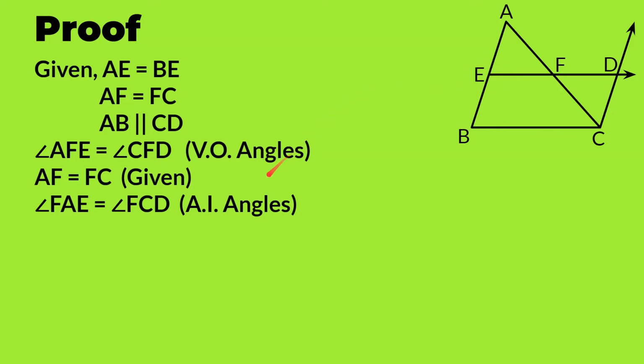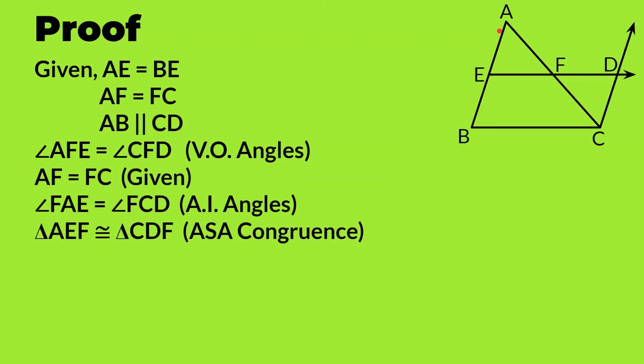So from these three statements we can write that triangle AEF is congruent to triangle CDF, using the ASA congruence rule, because this angle is equal, this side is equal, and this angle is equal, and the same for this triangle.